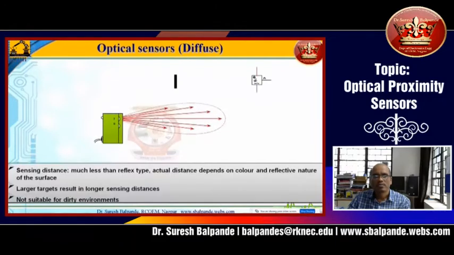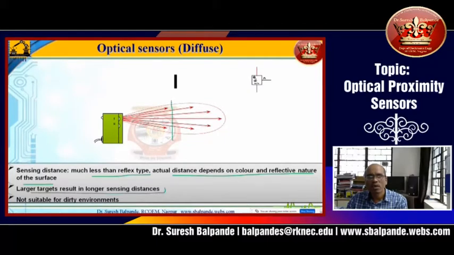So here in the diffuse type, the sensing distance is much less than in the reflex type, and the actual distance depends on the color and the reflective nature of the particular surface. Larger targets result in a longer sensing distance, because target size is very important.